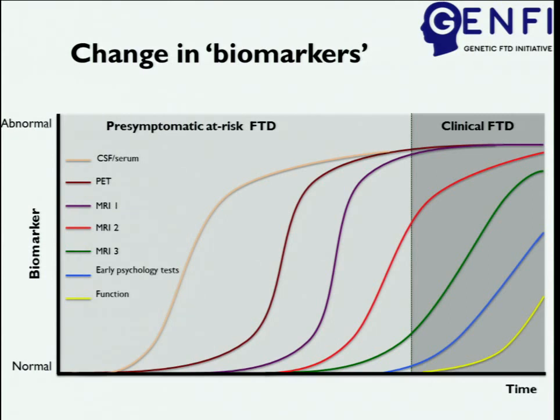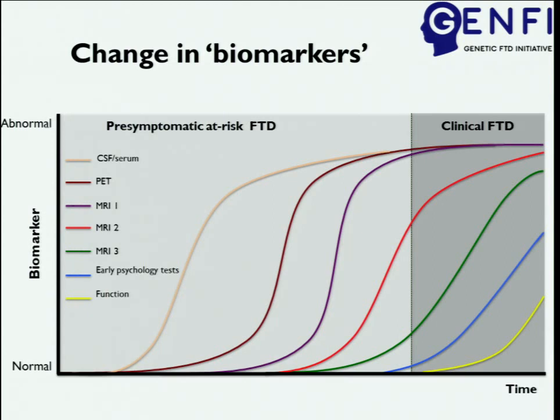And what you'll see is that I've split this graph into what I would call clinical frontotemporal dementia, so the time when you have symptoms, and this pre-symptomatic period. And what we theorize is that actually a lot of these processes of the disease being triggered, of the protein being deposited in your brain, and of the cells being lost, is all happening in this lighter grey pre-symptomatic period.